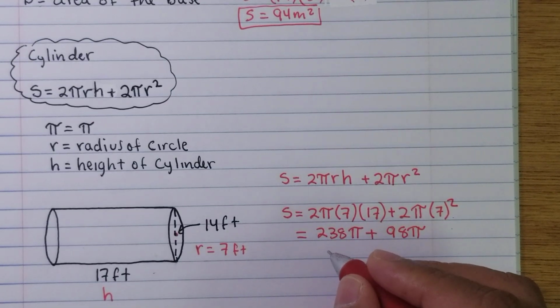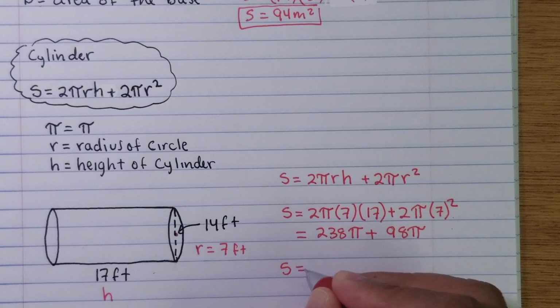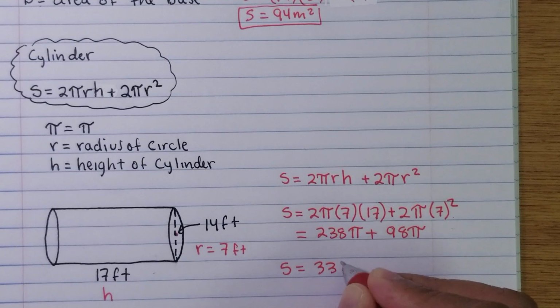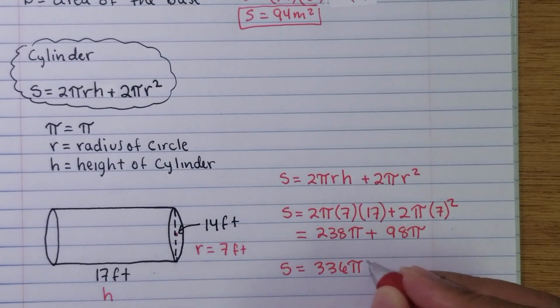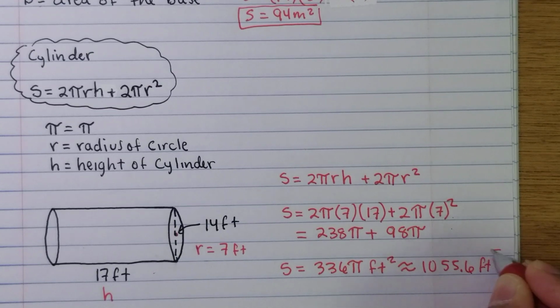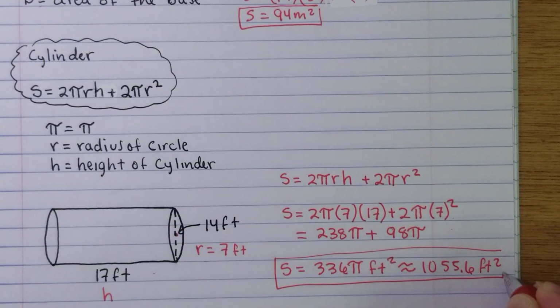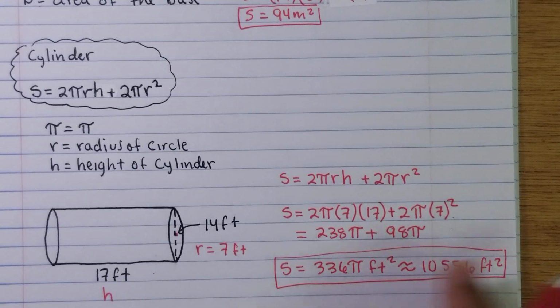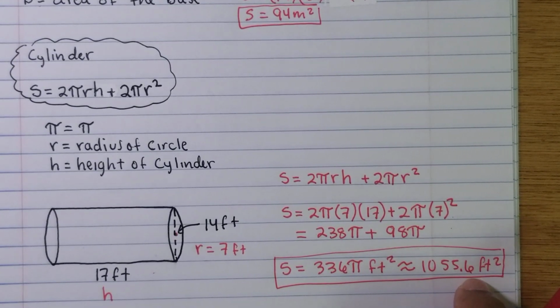So if we leave our answer in terms of pi, the surface area is equal to 238 plus 98, and that equals 336 pi, and this is feet squared, but an approximation for this is 1055.6 feet squared. So it depends on what the problem is asking you to do. It might say leave it in terms of pi. If it says leave it in terms of pi, then you stop here, and if it says to the nearest tenth, then you round it to the nearest tenth.